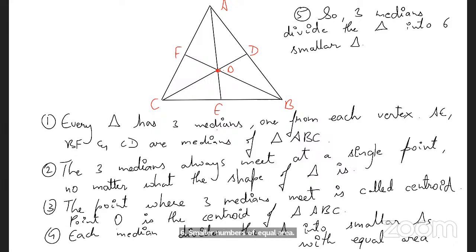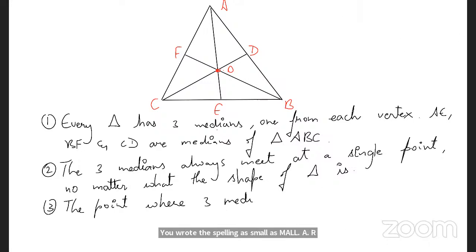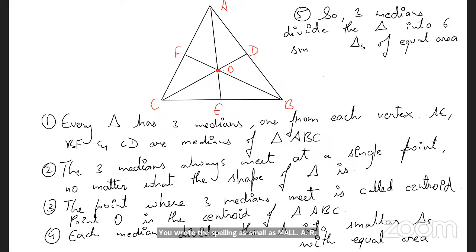You wrote the spelling of smaller as S-M-A-L-L-A-R. It's E-R. Triangle. Okay.